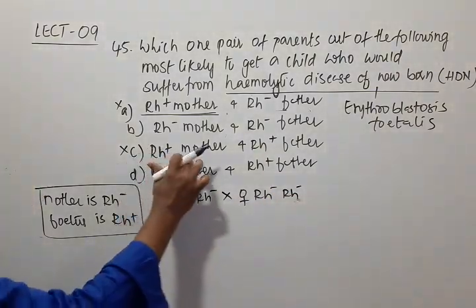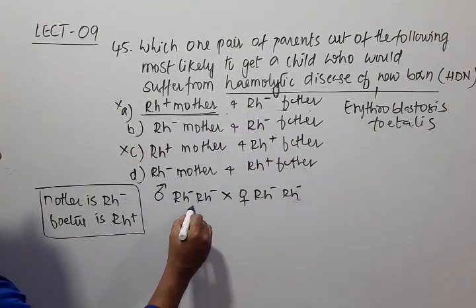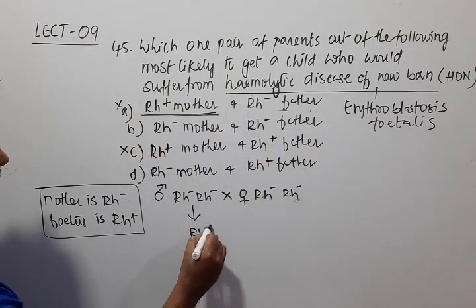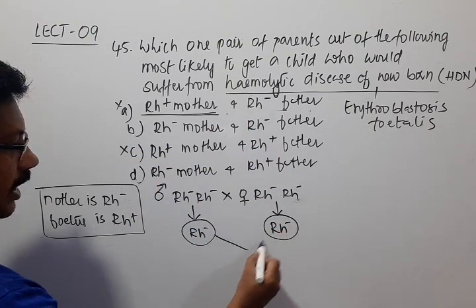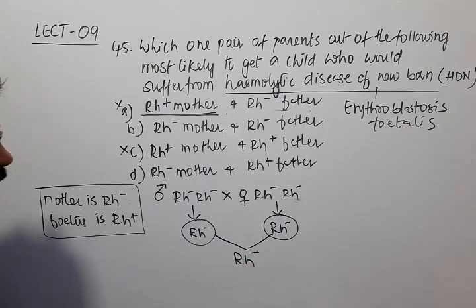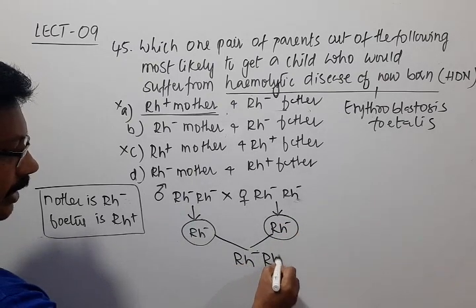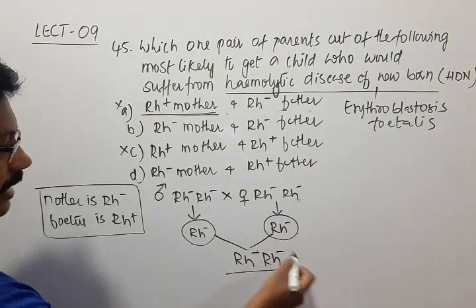Because the mother and the father both are negative, during gamete formation we get Rh negative, and overall this is Rh negative.